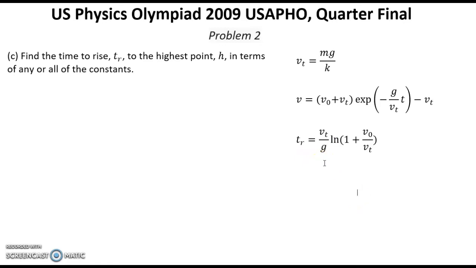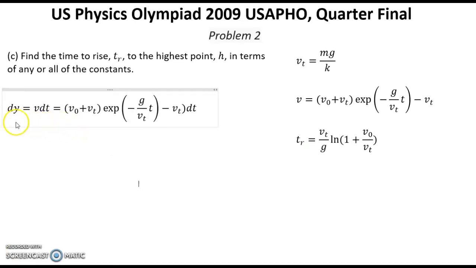Tr equals v terminal over g multiplied by the logarithm of 1 plus v0 over v terminal. And now we can find the total height h. We just need to integrate this expression, and the integral will be from 0 to h, and here from 0 to tr.